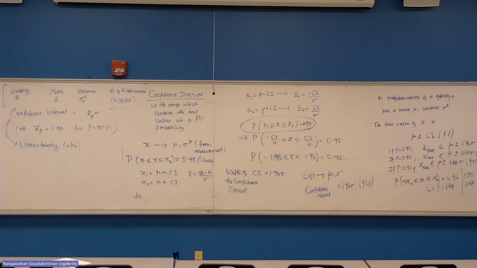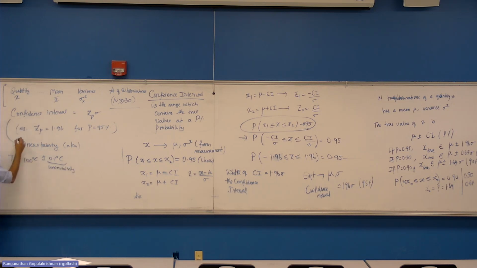When you make a measurement, you report this confidence interval as the uncertainty in your measurement. You have heard of this term before? So when you say I measured a temperature of 100 degrees Celsius plus minus 0.1 degrees Celsius, what we are generally referring to is the uncertainty.